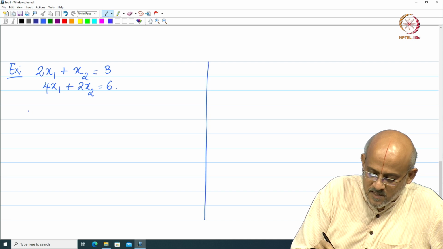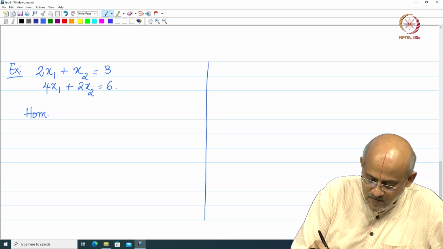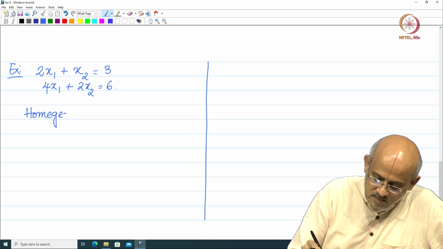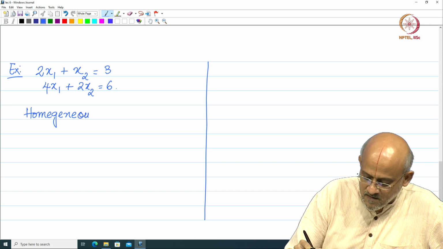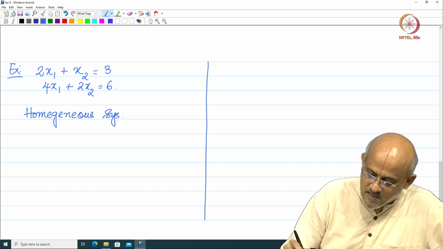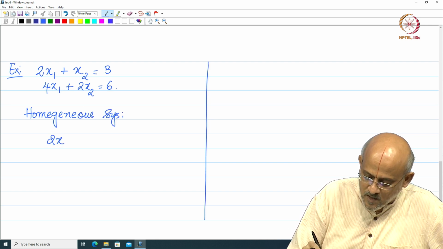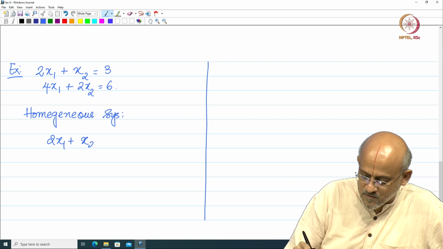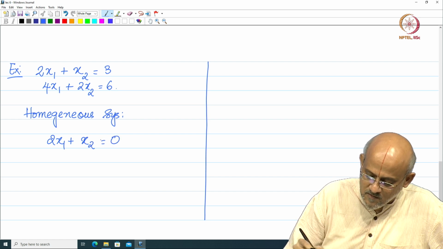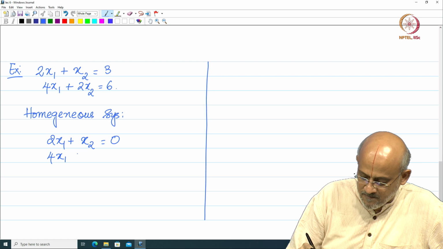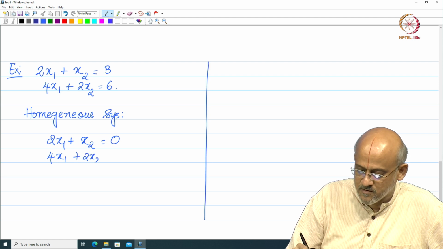Now, we all studied the idea of homogeneous system of equations, that corresponded to 2x1 plus x2 is equal to 0, 4x1 plus 2x2 is equal to 0.